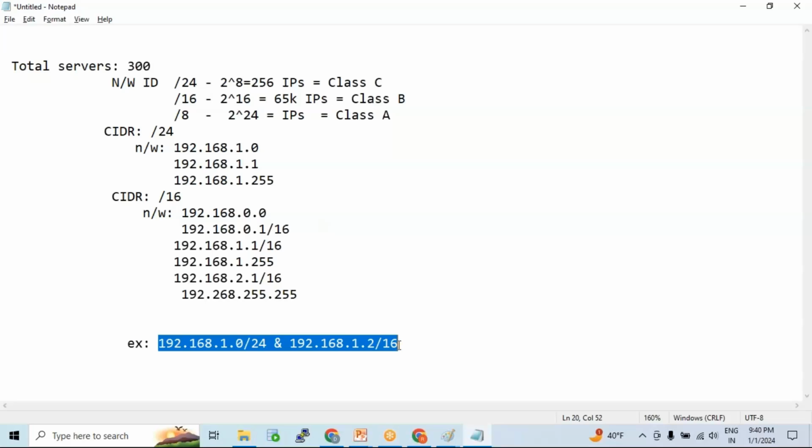These two belong to different networks, not the same. That's where the confusion is. It looks like the IPs are the same. Let me take IP addresses here, maybe 1.1, and this is 1.2. It looks like both are the same, but when you look at the CIDR, it tells that the first IP is in the 192.168.1 series. The second IP is in the 192.168 series. I just need to consider only 16 bits there.